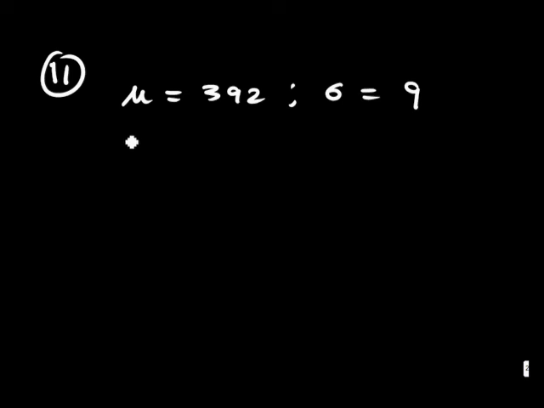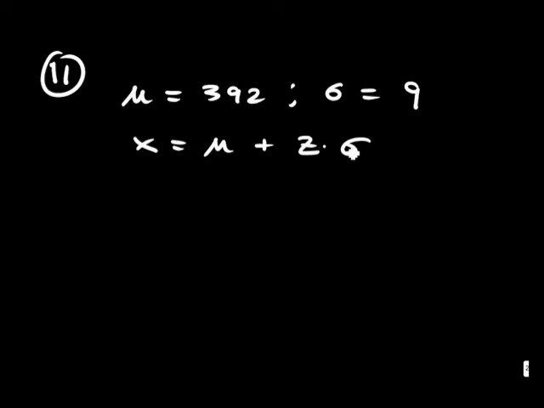Question 11. X represents the lifetime or the lifespan of your light bulbs. The mean mu is 392 with a standard deviation of 9. In this question, we have to use the backwards formula, meaning X is mu plus Z times sigma.